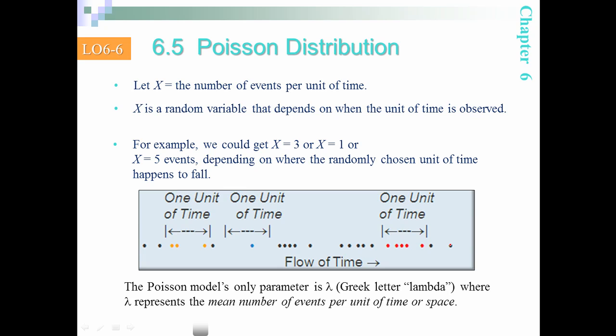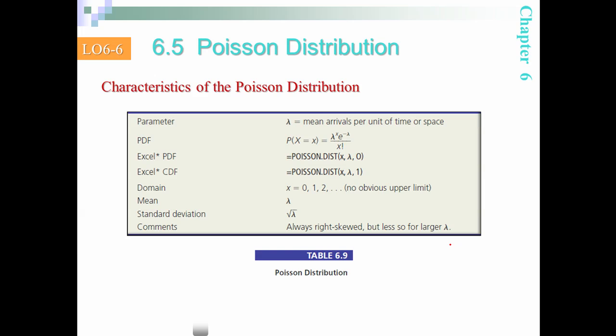The Poisson distribution has one parameter, lambda, and lambda tells us the average number of occurrences or arrivals per unit of time, or could be space as well. The PDF is written as this formula right here: lambda to the x, e to the minus lambda over x factorial.